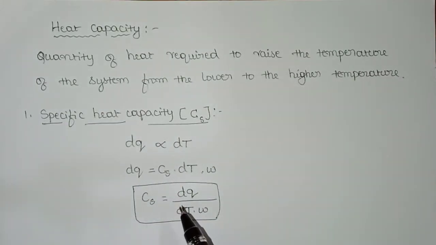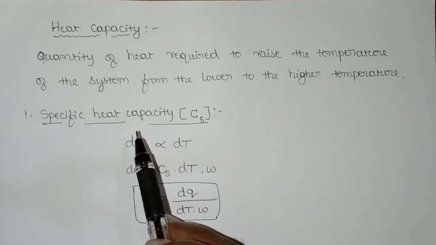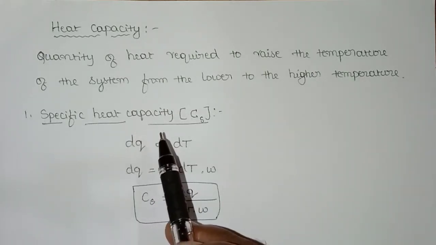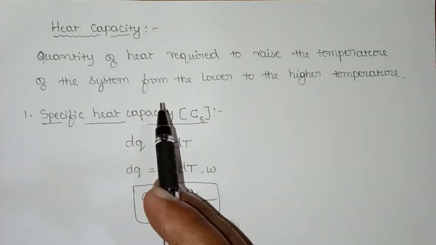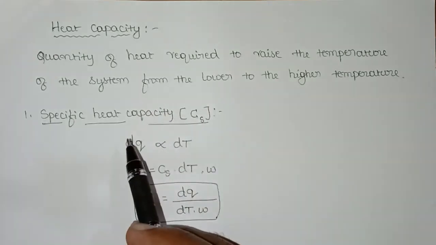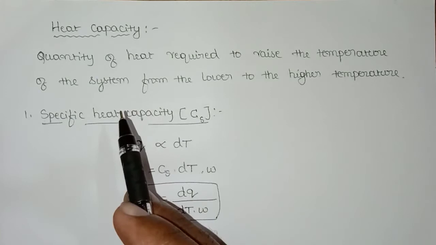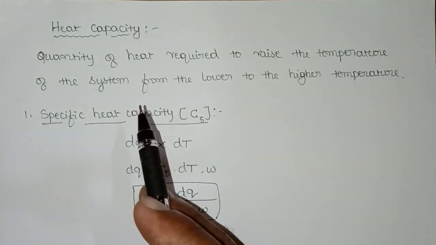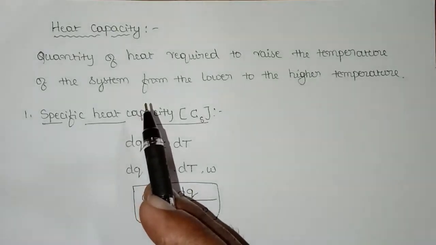And the definition can be given once again: the amount of heat required to raise the temperature of 1 gram of a substance is called specific heat capacity. The definition of specific heat capacity can be given once again, and it will be the amount of heat energy required to raise the temperature of 1 gram of a substance by either 1 degree Celsius, or you can mention in terms of Kelvin scale, that is 1 Kelvin.